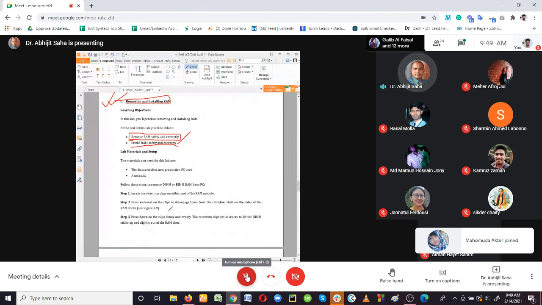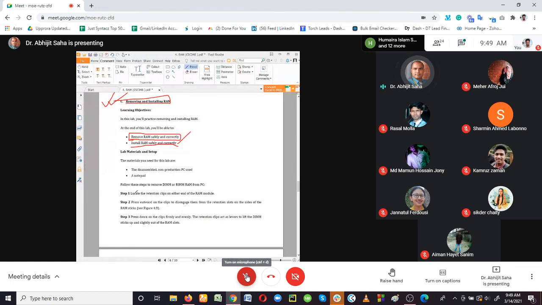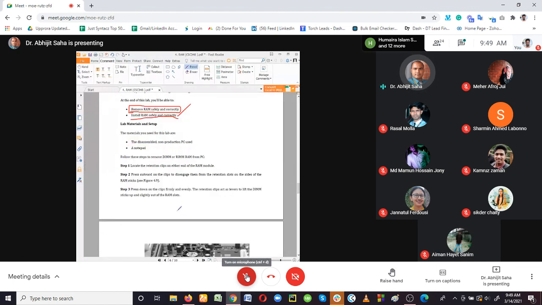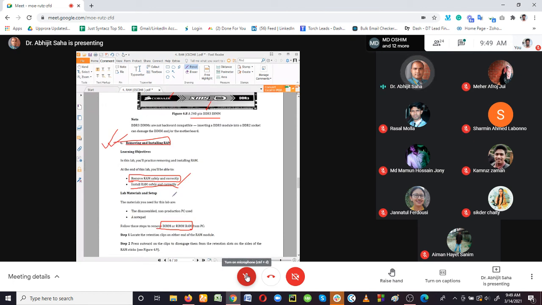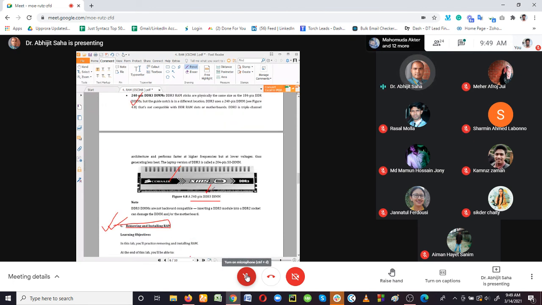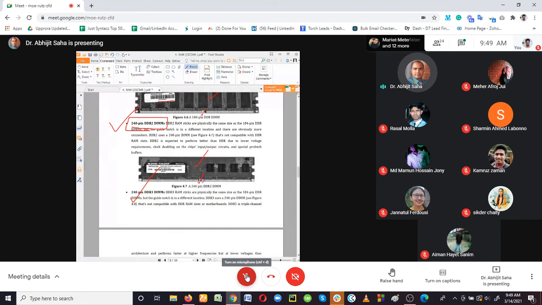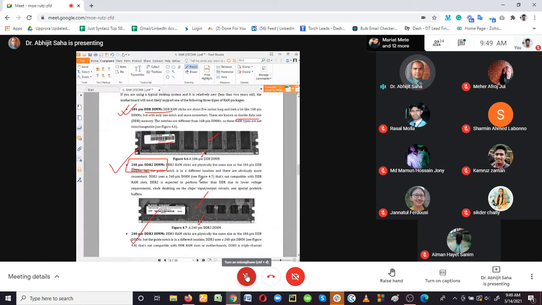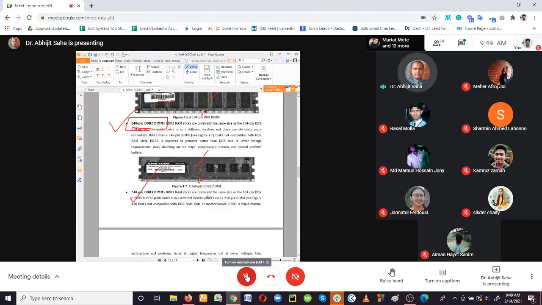Here it is telling us the following procedures we should take. It is showing the steps for a DIMM RAM, but they can be followed for each and every RAM. We should look at how many notches we have on the RAM, and depending on the notch, we should place the RAM accordingly.